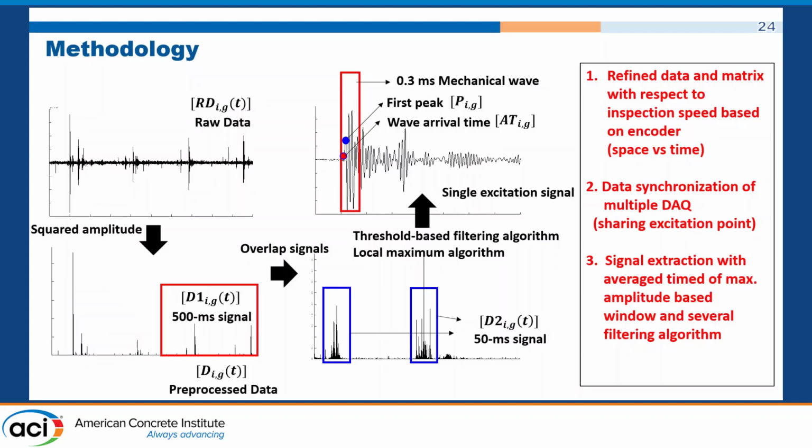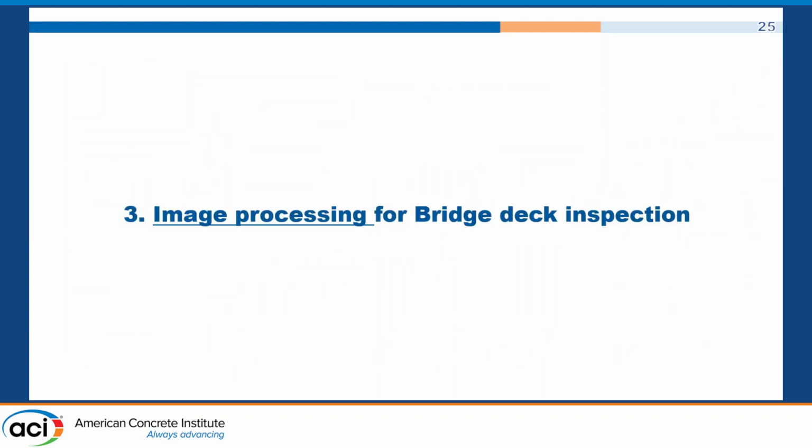We need to share at least one excitation signal to synchronize. Also the vehicle speed is different, so we also refine our metrics based on the encoder speed data, so our metrics are located correctly, and we also do a lot of selective windowing, averaging, and criteria.